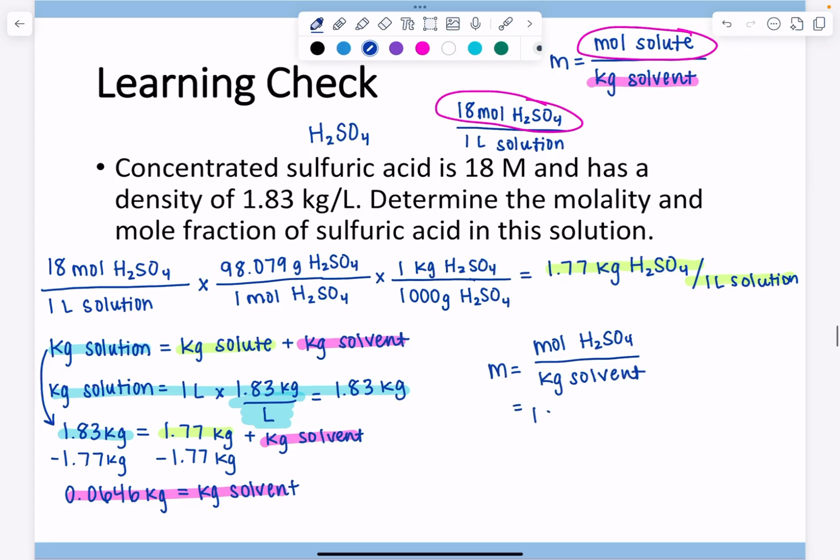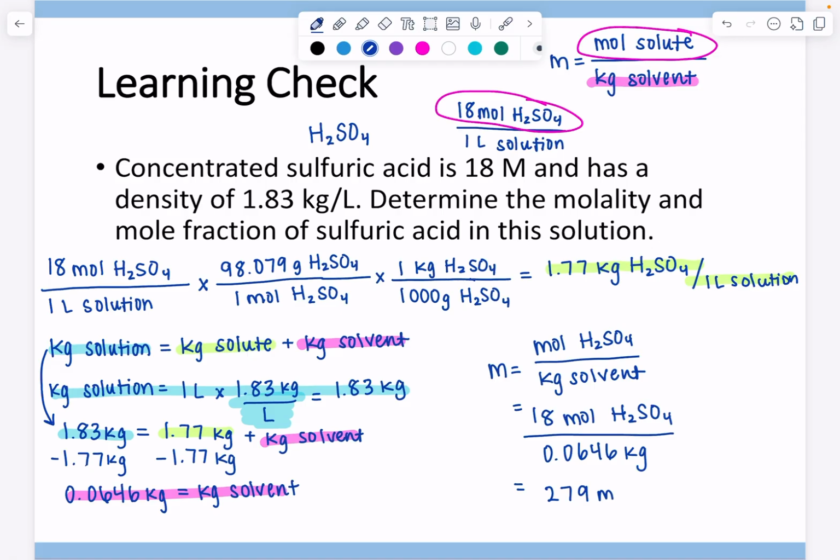This is 18 moles of H2SO4 divided by kilograms of solvent, 0.0646 kilograms. This is 279 molal. So that is the concentration, 18 molar, 279 molal. 18 molar solution is 279 molal for sulfuric acid.